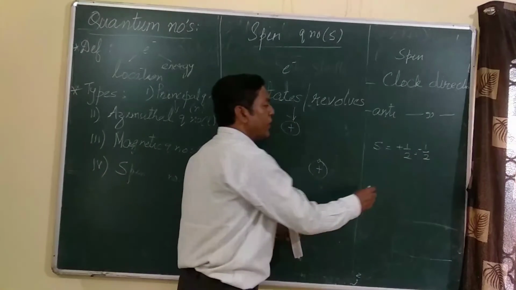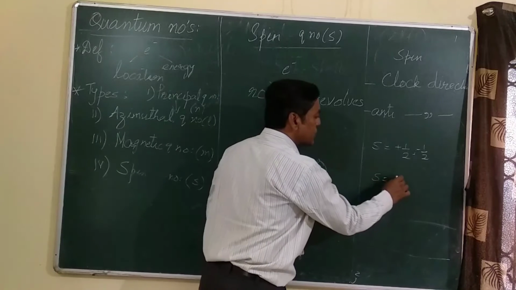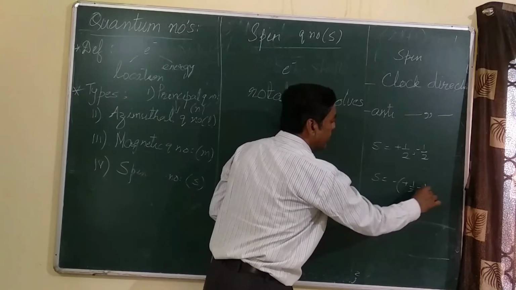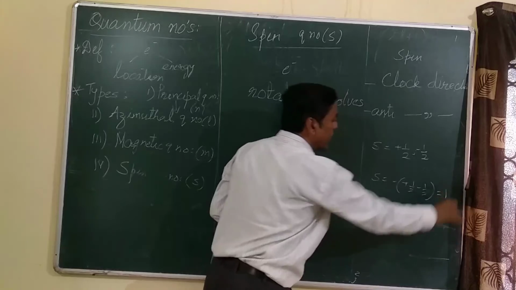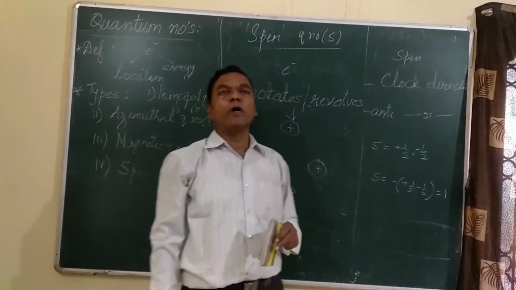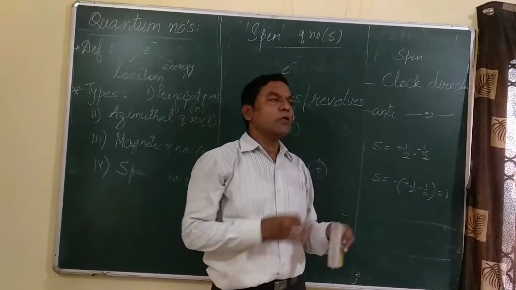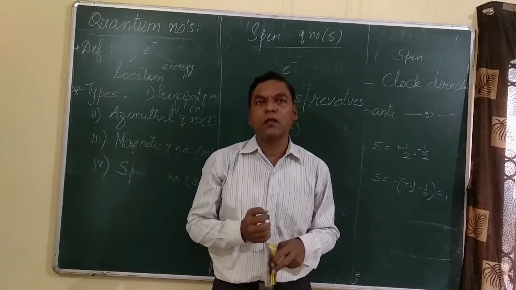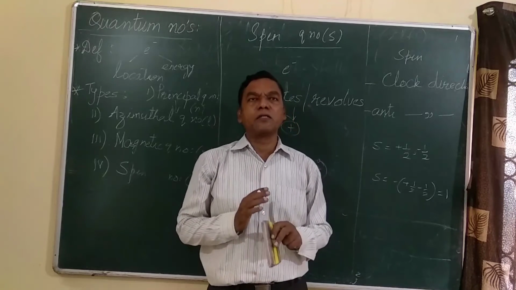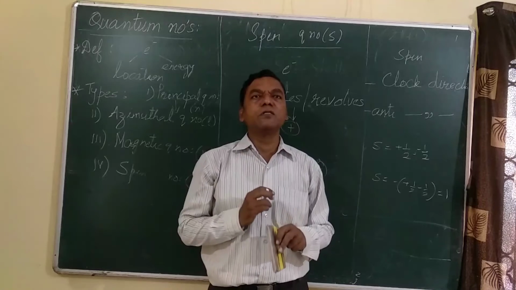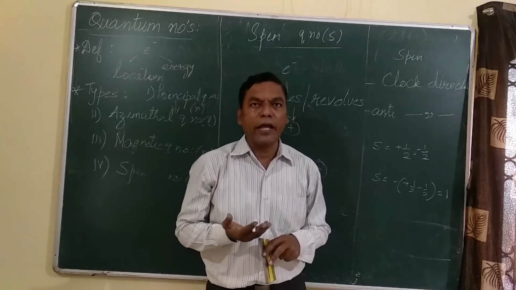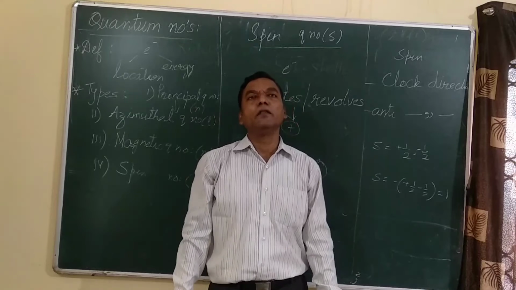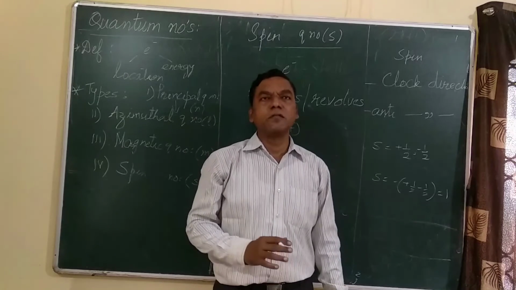For example, if you take the difference of these two, plus half and minus half, the sum of it is equal to 1 or unity. And therefore these are the two possible values of S, plus half and minus half. And therefore we said that it can be spinning either in the clockwise direction or in the anti-clockwise direction.